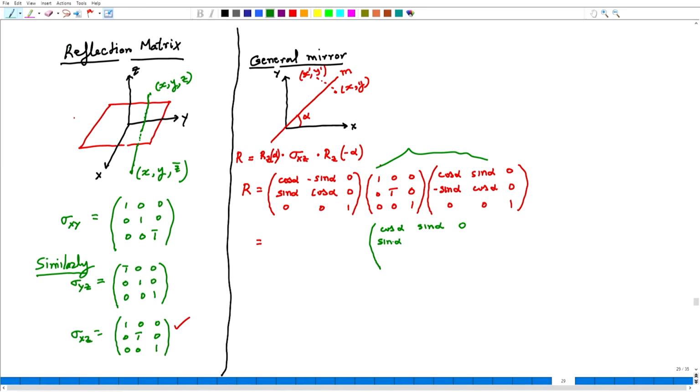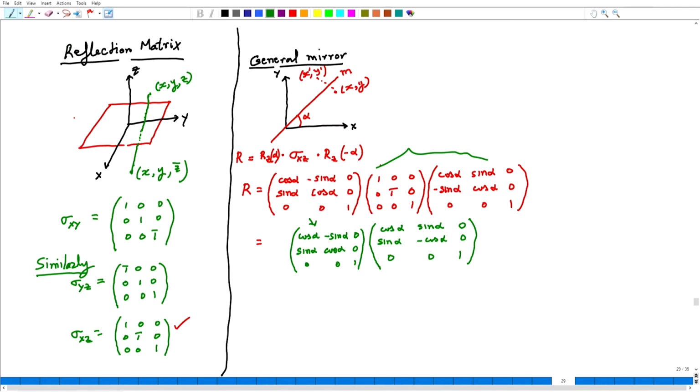Second row into the second column gives minus cos alpha, and then 0, and the third row will obviously be 0, 0, 1. Now I copy this matrix out here: cos alpha, minus sin alpha, 0, sin alpha, cos alpha, 0, 0, 0, 1.